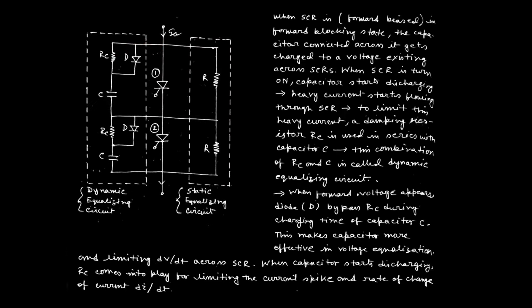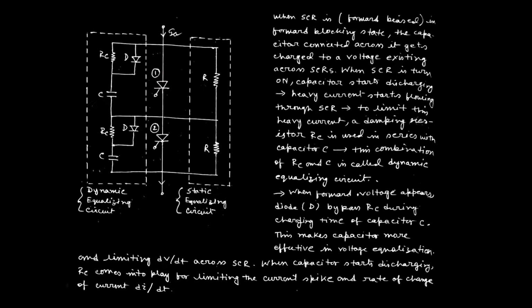We know the direction of the capacitor charging current and the direction of the capacitor discharging current are not the same. Both are just opposite. If the capacitor gets charged through this direction, it should be discharged through this direction. Once the capacitor tries to discharge across this path, it will give a huge amount of voltage at a particular instant across the SCR.